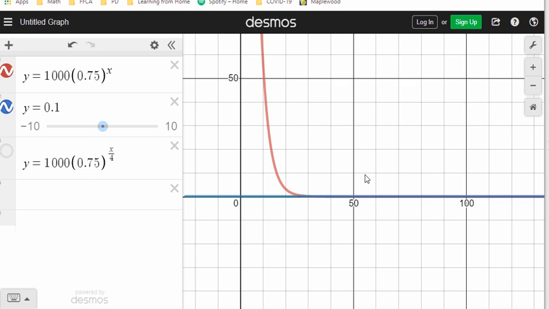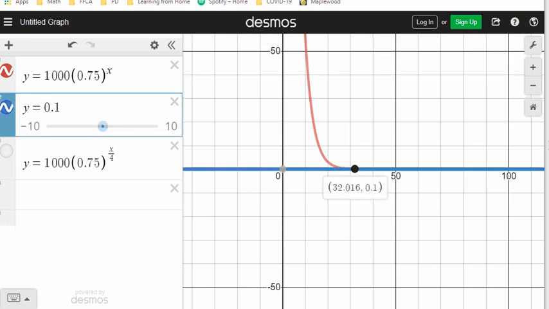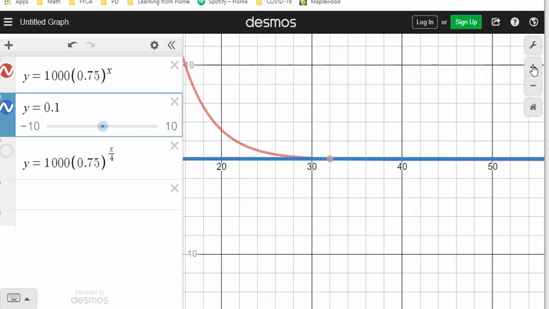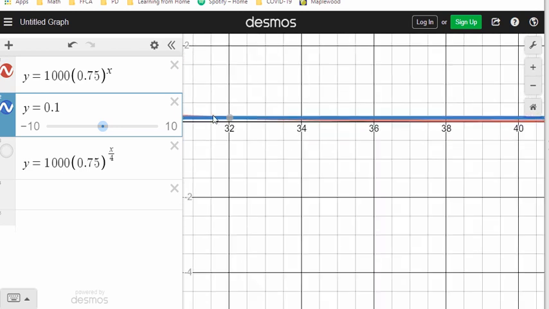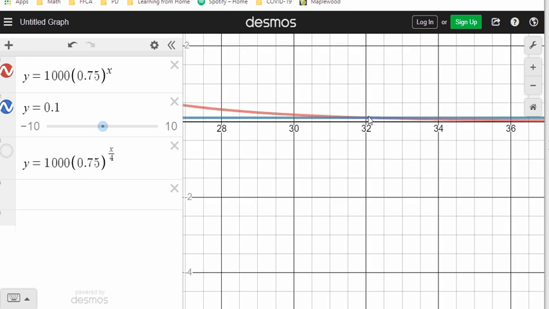So if I was to zero in there, kind of center that, and then do some zooming in, oh yeah, so there at that point, we can see that the red graph is above, intersects, and then over here it goes below the blue graph. So that is my intersection point at 32.016, so about 32. So what that's telling me is it'll be about 32 4-hour periods.